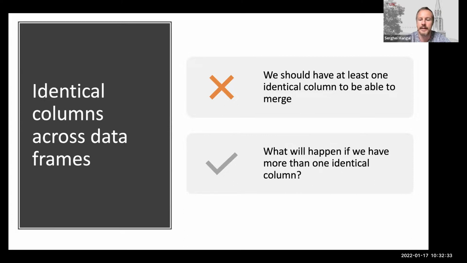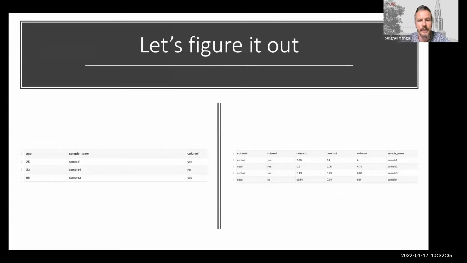Okay, so let's see. Sometimes you can just figure it out, right? Create such an instance where that will be the case and see what will happen. So we have age, sample name, but we also have one more identical column, which is column 1 here, and you have column 1 here.